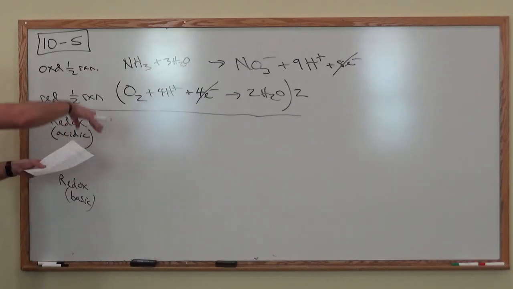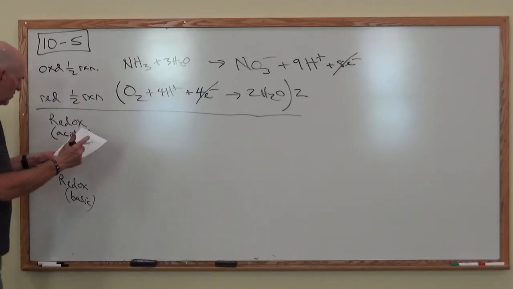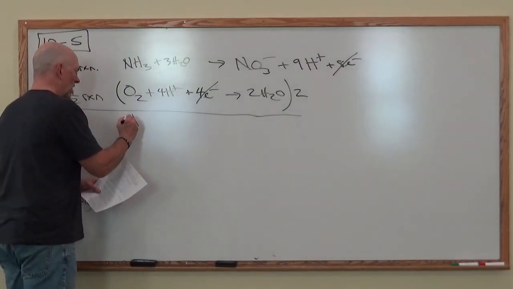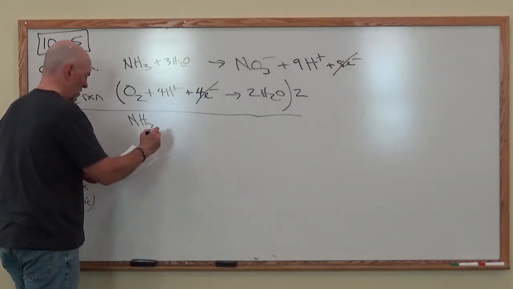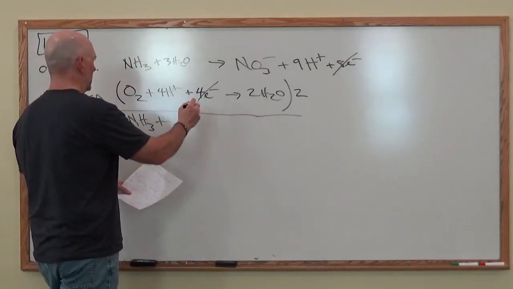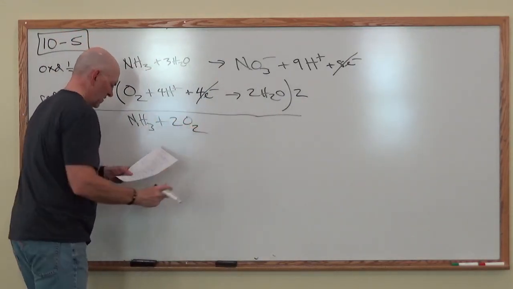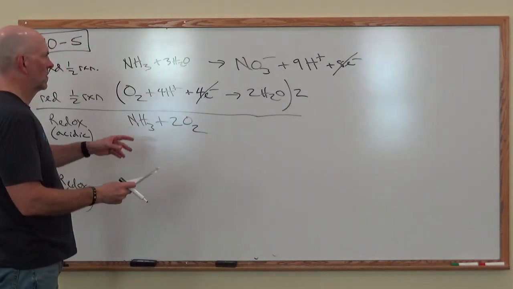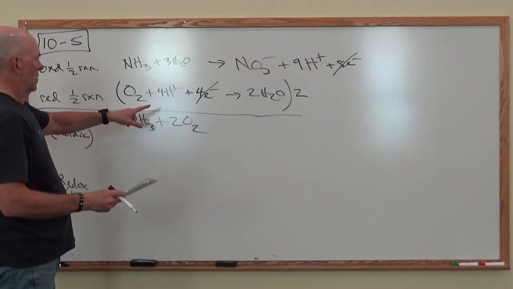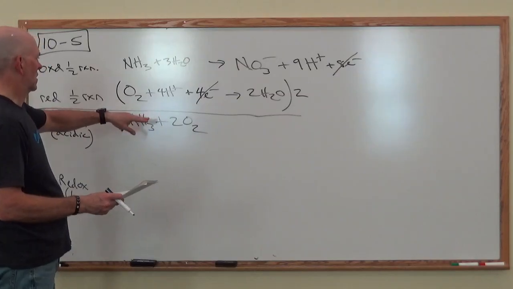So let's just bring everything down. So we've got 1 ammonia reacting with 2 oxygens. Let's see.